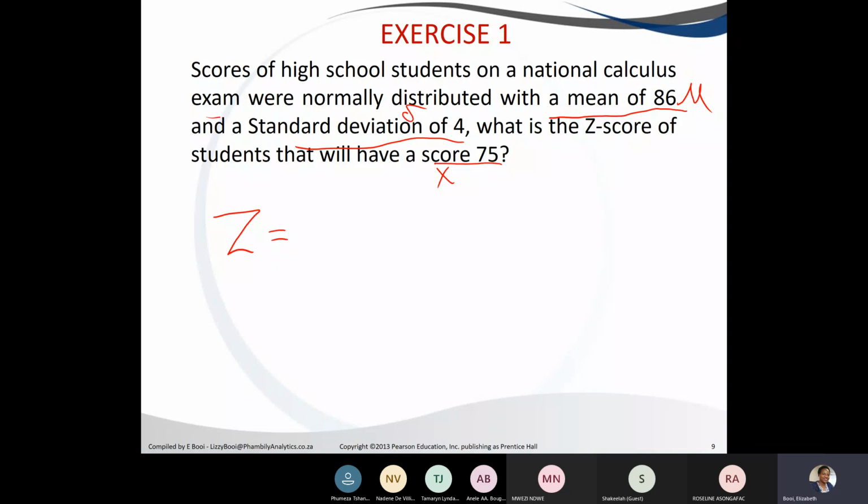Our Z-score, because we're calculating the Z-score, is X minus the mean divided by the standard deviation. Our X is 75 minus our mean of 86 divided by our standard deviation of 4. You take your calculator and you start calculating.